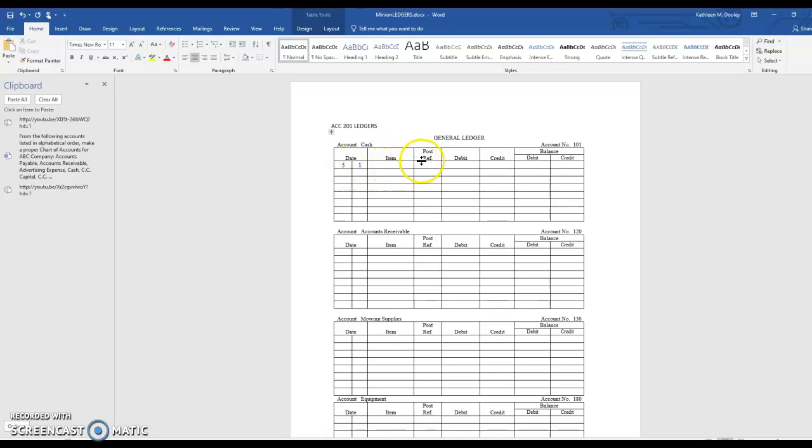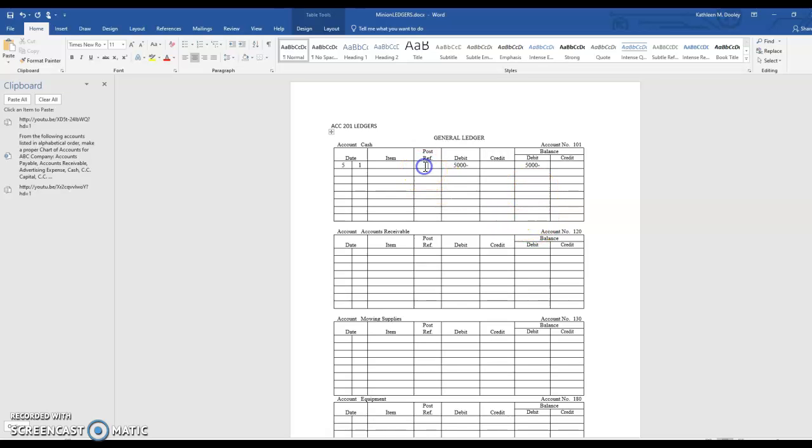You skip the item account, and we have a $5,000 debit. Running total balance is now $5,000 debit as well. Cash is an asset, so it's going to have a debit balance. Every number in this ledger should be a debit.